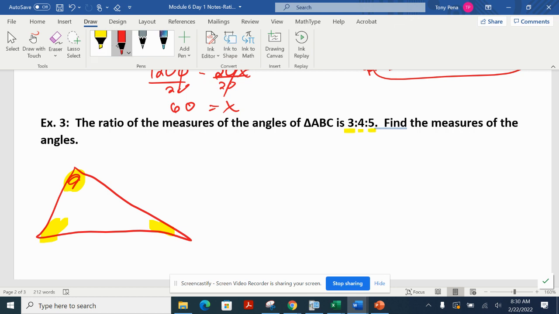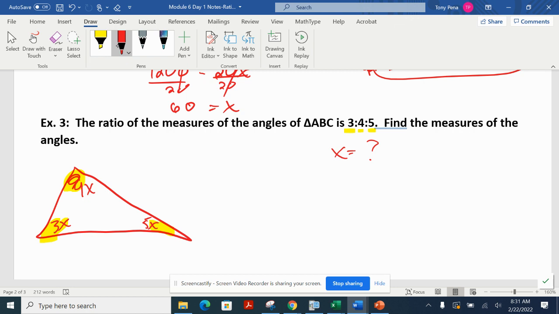Whatever our common x is, so we're trying to figure out what that common ratio would be. One of them is 3 times that size. The other is 4 times that size. The other is simply 5 times that size. And then from here, we should be good.